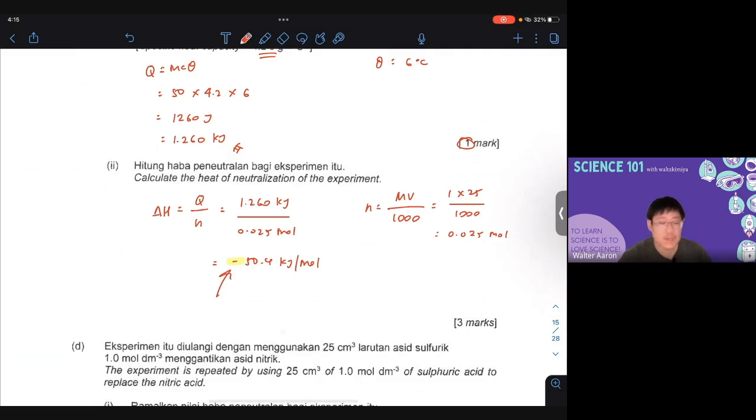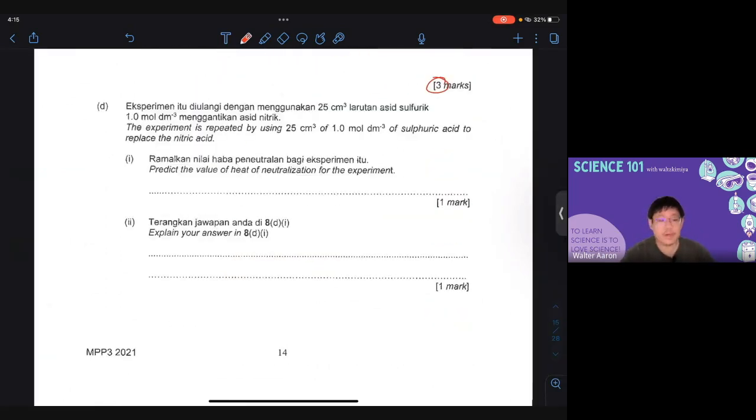So if you don't put this in, it's considered wrong. So make sure you put a negative there to show it's exothermic. If it's endothermic, you put a plus sign. In this case, heat of neutralization is always negative because it's always increasing in temperature. So you can just use that as an answer straight away. Okay, all right, that's part C.